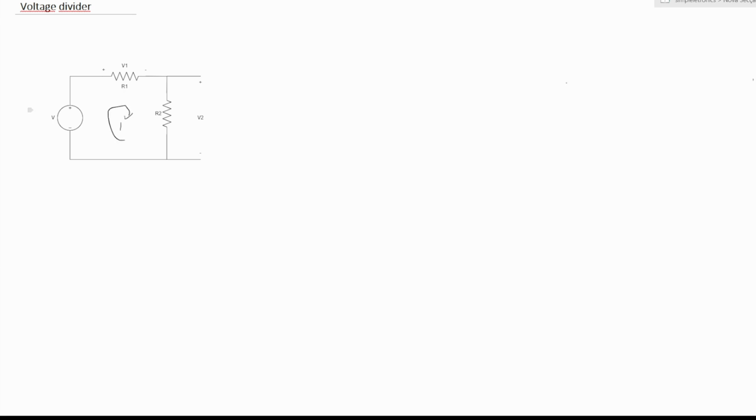So we have here the voltage V. We can say that the voltage V is equal to resistance 1 multiplied by I plus resistance 2 multiplied by I. We can solve this for the current, and so I is equal to V divided by resistance 1 plus resistance 2.